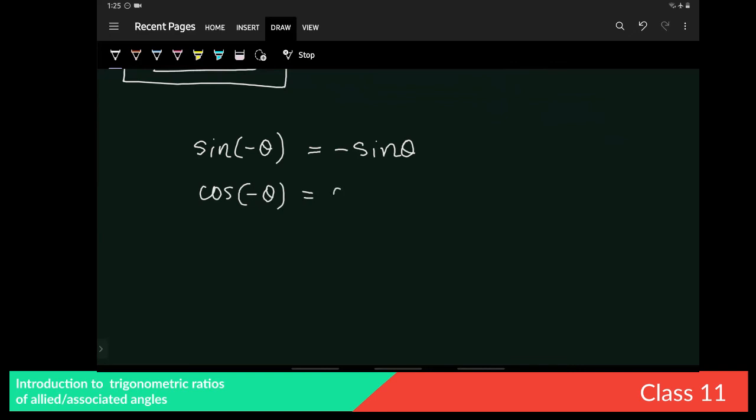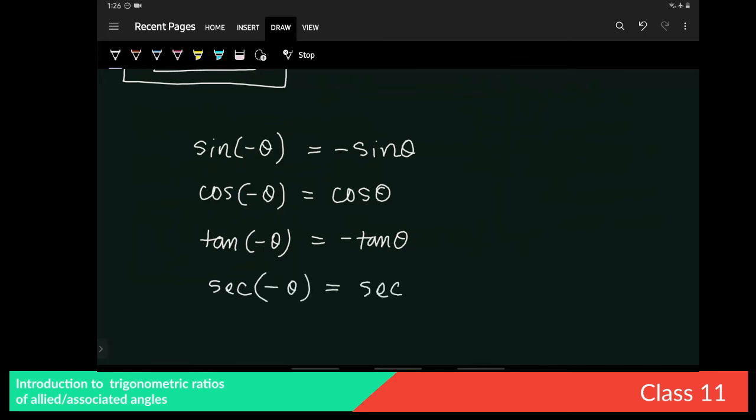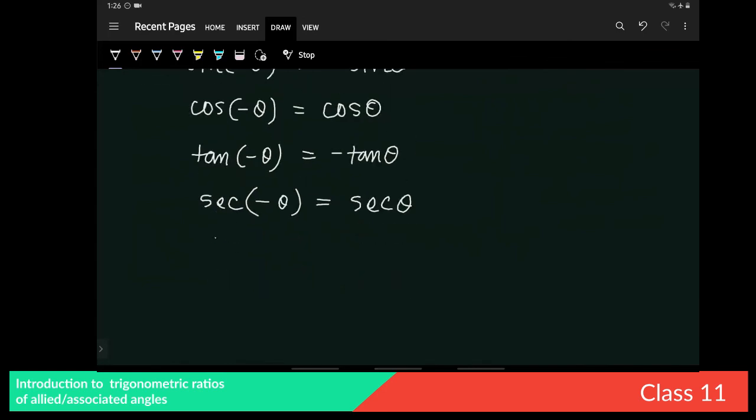It will give us only cos theta. Now what is tan of minus theta? It is minus tan theta. Now sec is also the same as cos. That means sec of minus theta will give us only sec theta. Okay. Cot of minus theta will give us minus cot theta, and cosec of minus theta will give us minus cosec theta.